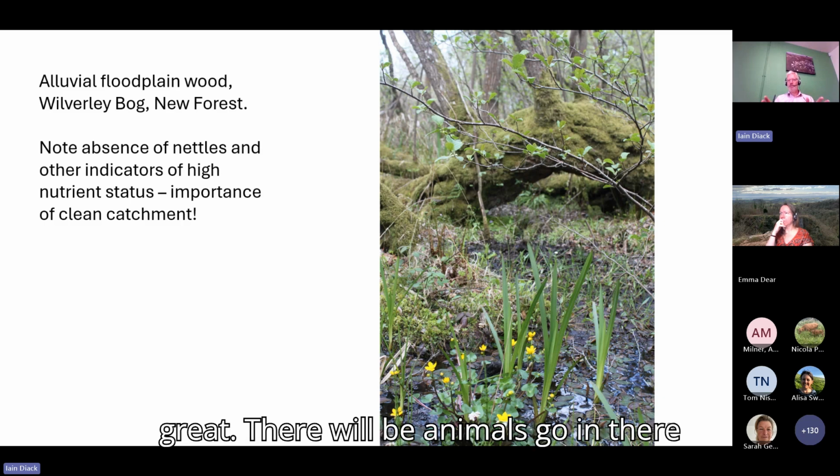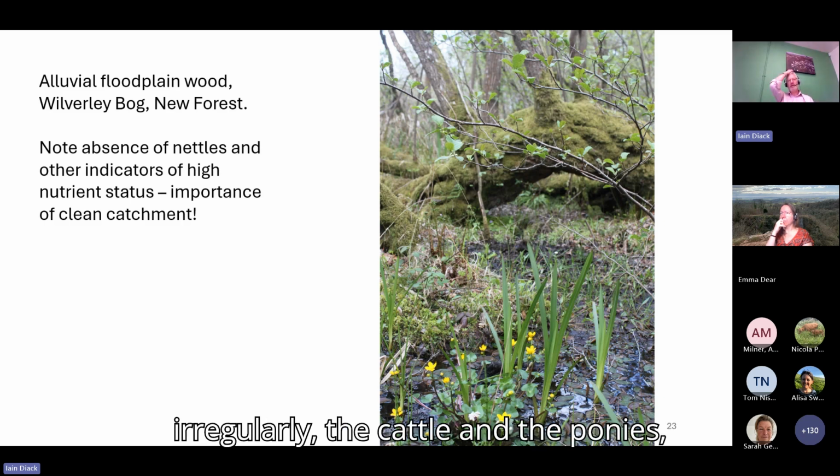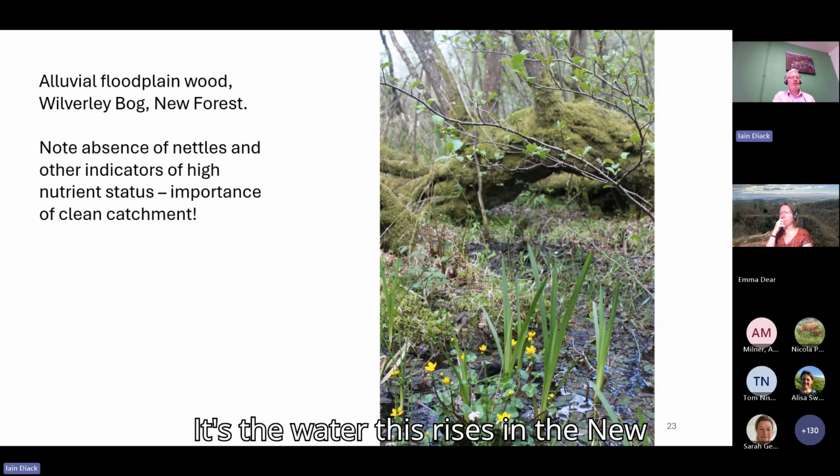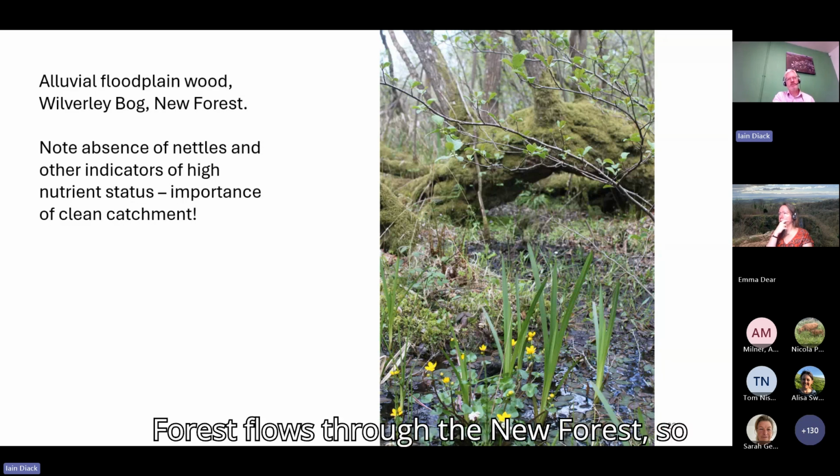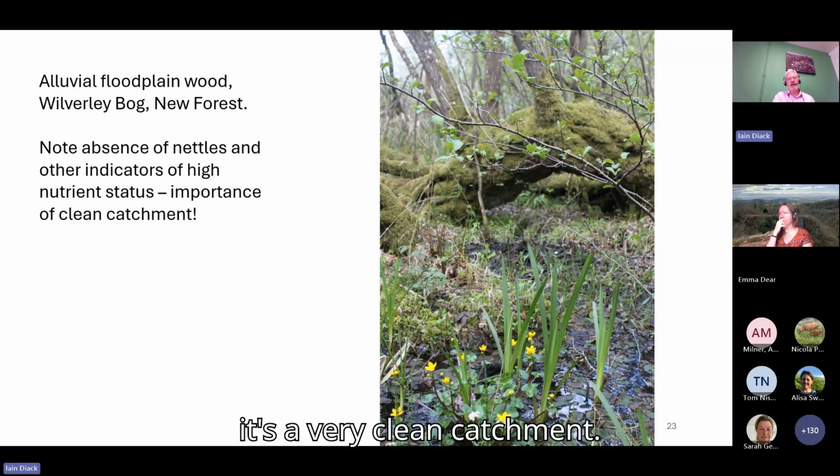There will be animals going in there irregularly, the cattle and the ponies, but generally not grazed. This rises in the New Forest and flows through the New Forest, so it's a very clean catchment. No intensive agricultural activity, no application of fertilizers, no sewage works, no septic tanks, and that's what you get.